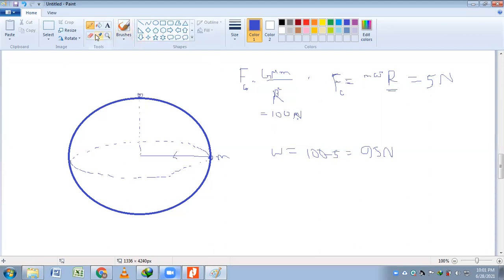Let me use a different r over here. I'm going to write this r as r_h. I'm using h to represent the radius of the horizontal circle.